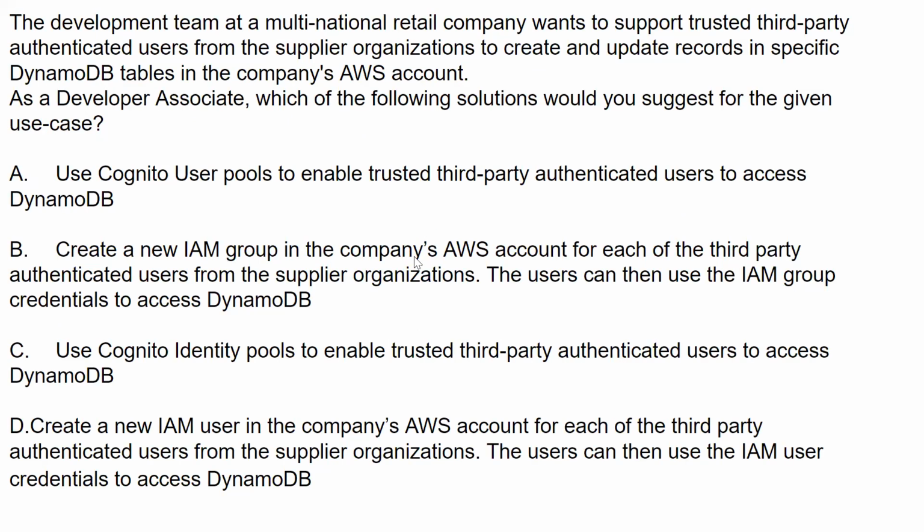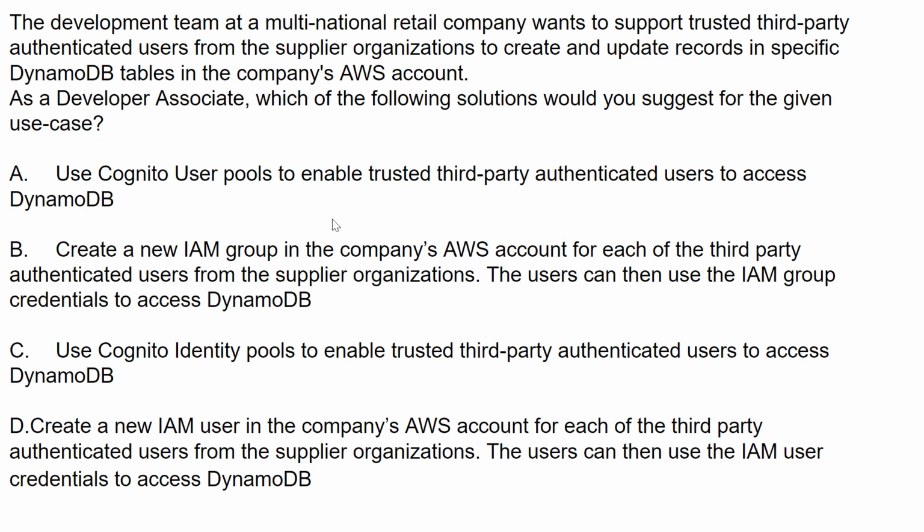Okay, the development team at a multinational retail company wants to support trusted third-party authenticated users from the supplier organizations to create and update records in specific DynamoDB tables in the company's AWS account. As a developer associate, which of the following solutions would you suggest for the given use case?